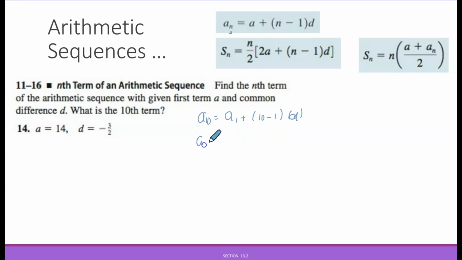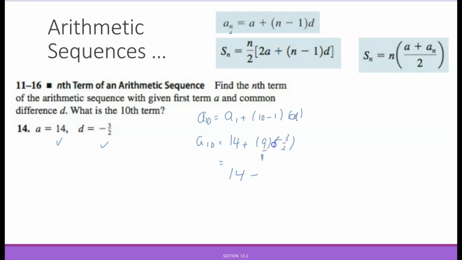Okay, so the 10th term would be the first term, that's our 14 that we're given, plus 10 minus 1, which is 9, and then the common difference is negative 3/2. So we get 14 minus, let's see, no, we don't need a common denominator because we're not adding or subtracting.